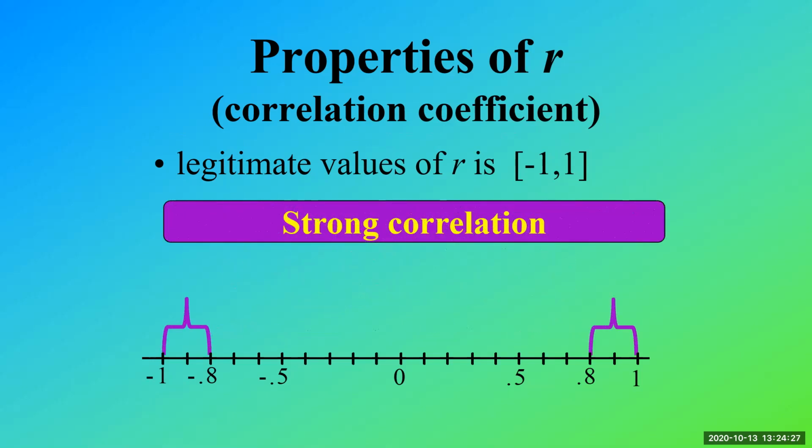And we can describe a strong positive as 0.8 to 1, or a strong negative correlation as -0.8 to -1. Okay, so the cutoffs: 0 to 0.5 is weak, 0.5 to 0.8 is moderate, 0.8 and above is strong. Nothing above 1, nothing below -1.